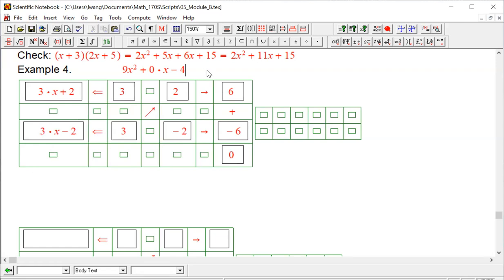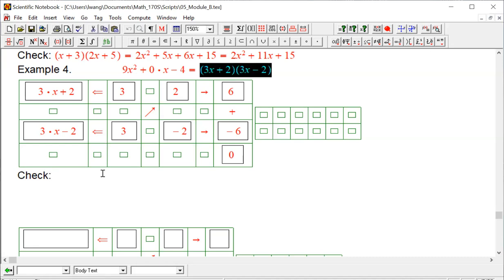And of course, you can use the special formula, a squared minus b squared. So 3x plus 2 times 3x minus 2. Okay, so check your work.